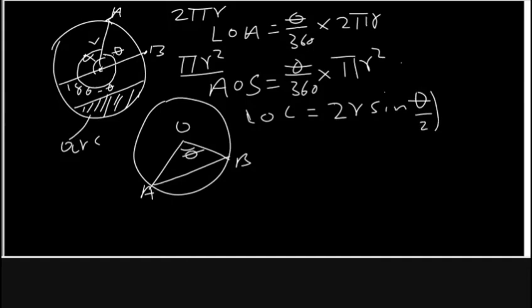This is the formula we use to get the length of chord, once you know the radius of the circle and the angle at the center of that sector. So the length of the chord that is formed inside that sector is given by 2r sine theta over 2.